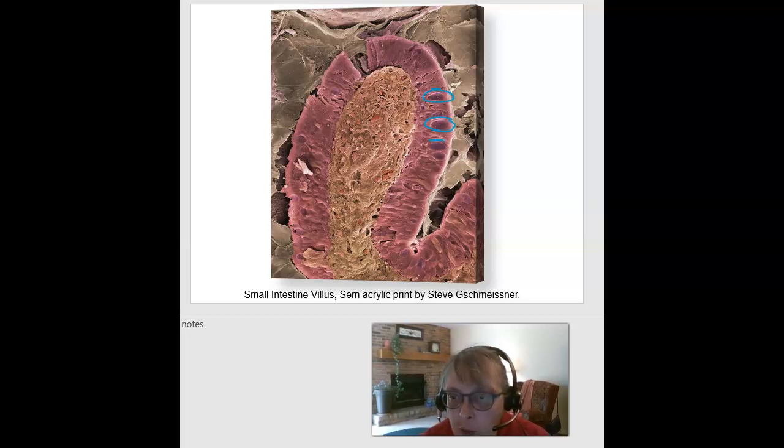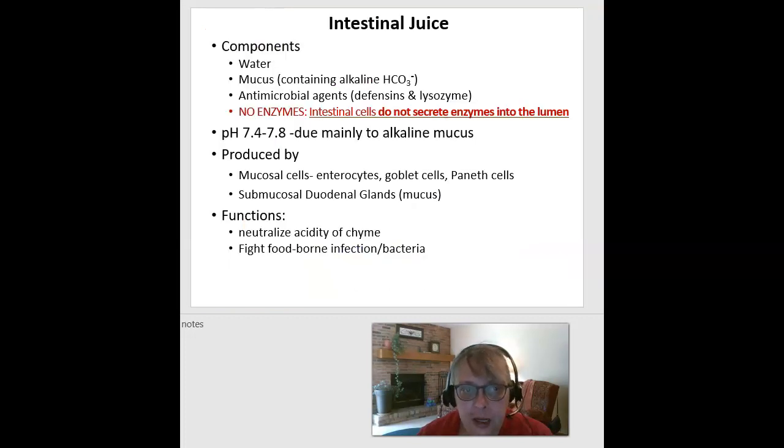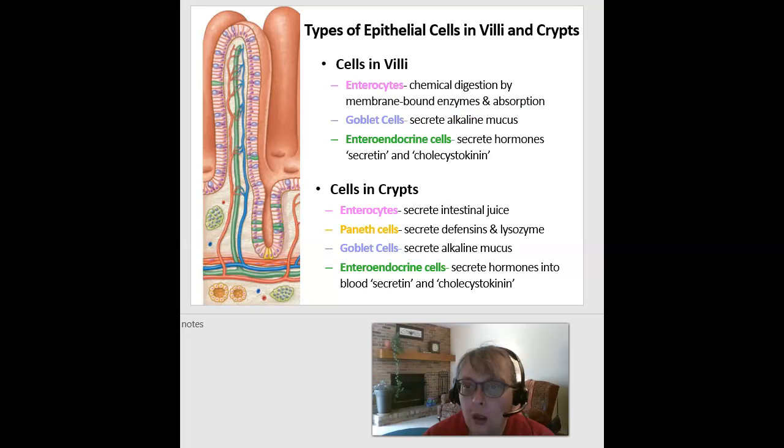So now it's time to look at the cells in the mucosa, and there's one that's only present in crypts, so I kind of separated it like this. All of the first three cells are found throughout the mucosa. So there's enterocytes, goblet cells, and enteroendocrine cells. The enterocytes are the ones that have the microvilli, and they have those membrane-bound enzymes, and they're important for absorption.